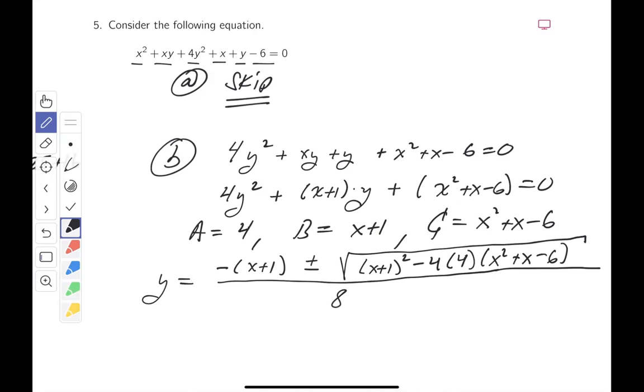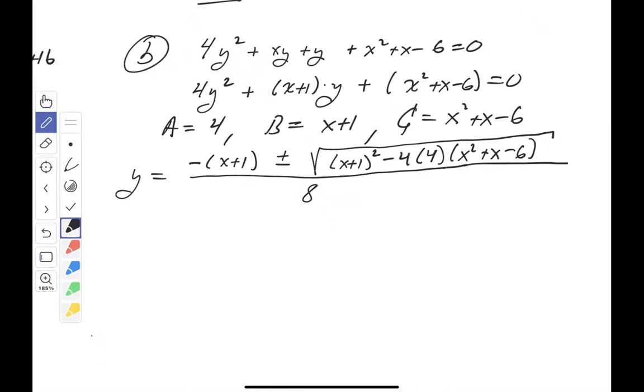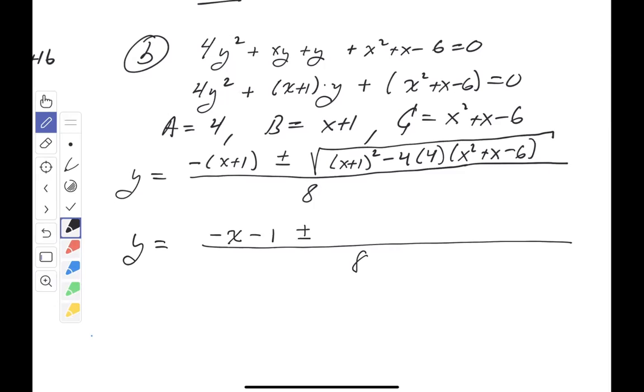All right, let's go through the work. And yes, I know it is work. I'll put this down. Y equals, I got an 8 in the bottom still, minus x minus 1 plus or minus. I got to simplify that inside, and it looks tough. Let me do it on the side for you.